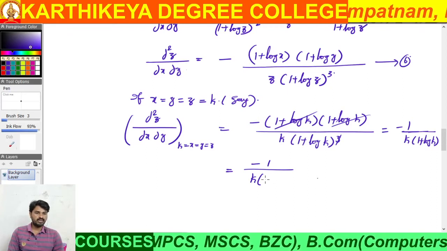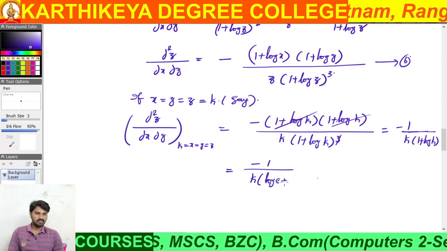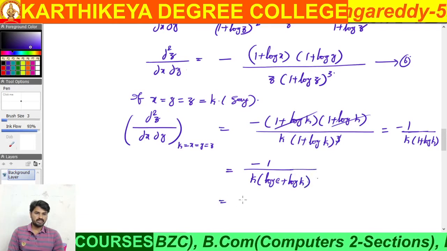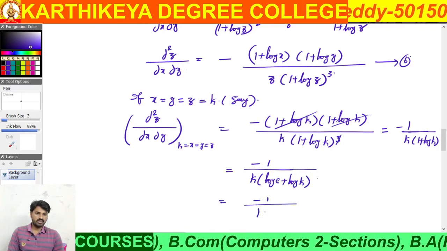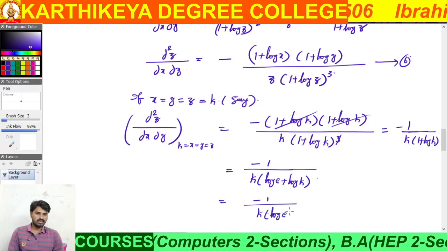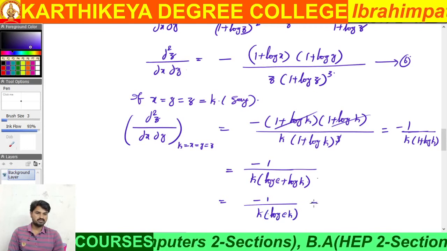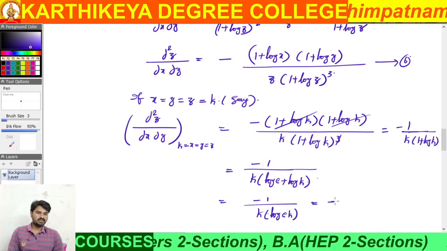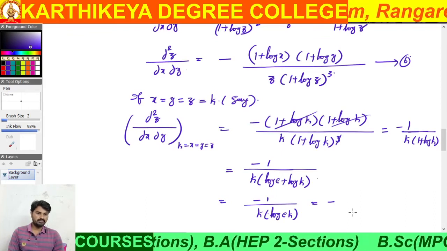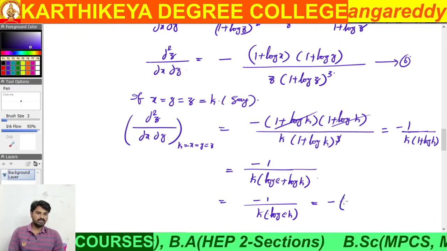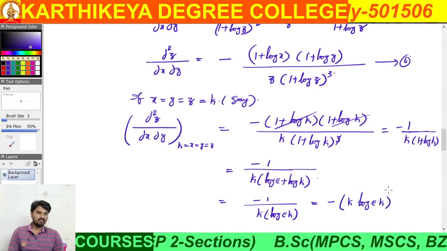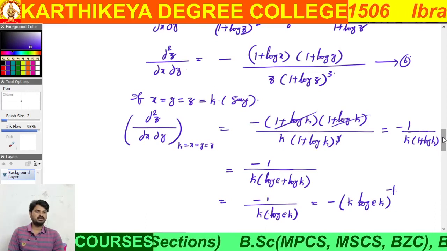Here 1 can be written as log e, plus log k. So that is minus 1 by k into log a plus log b, which can be written as log a into b. So finally minus 1 by k. All of it is on the denominator, so we can write k into (log e k) whole to the power of minus 1. Okay, that is the answer.